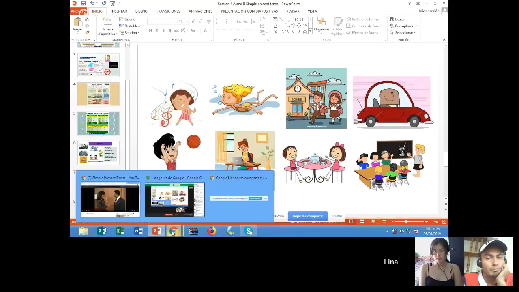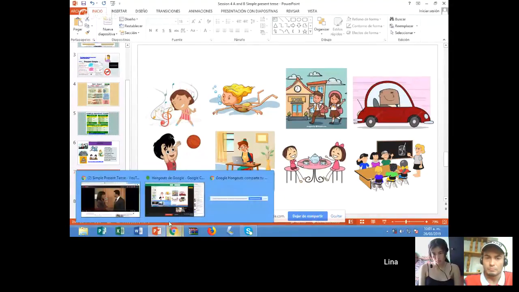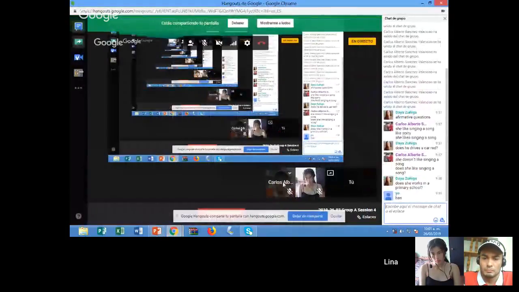We need to change our way of thinking, because we always think in Spanish, but we need to change that because it's important when we are talking in English.